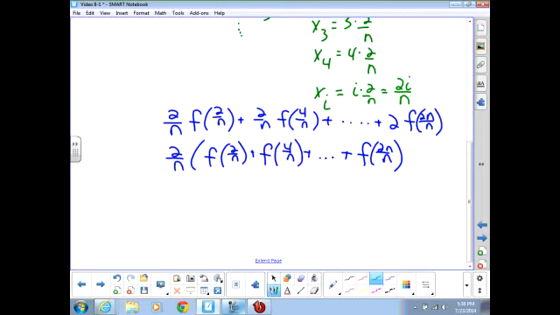Remember, the function we are working with is e to the negative x. So this is really 2 over n times e to the negative 2 over n plus e to the negative 4 over n plus dot, dot, dot, plus e to the negative 2n over n.